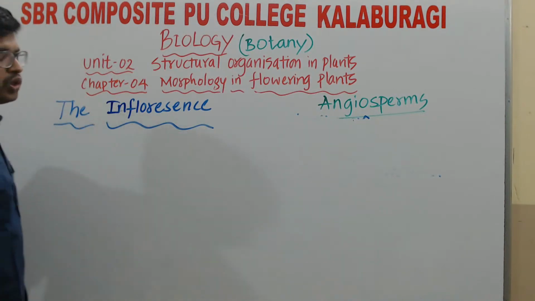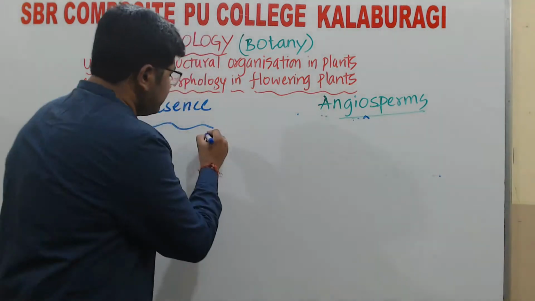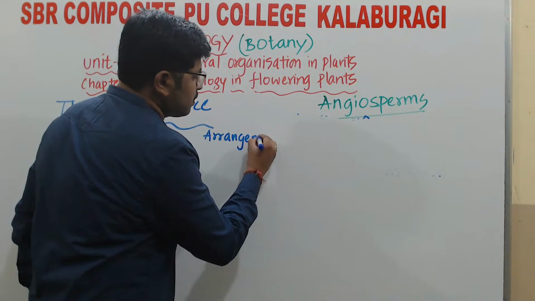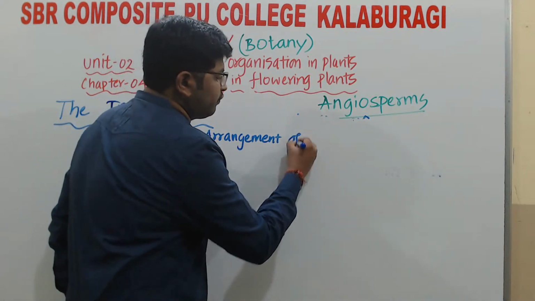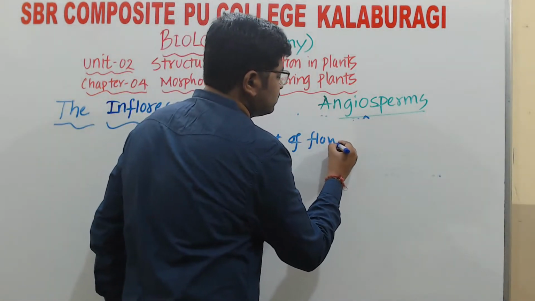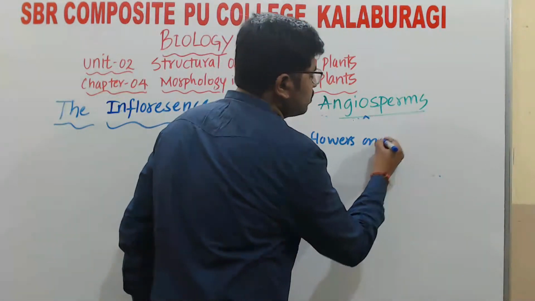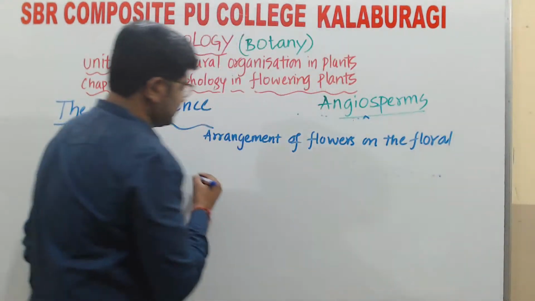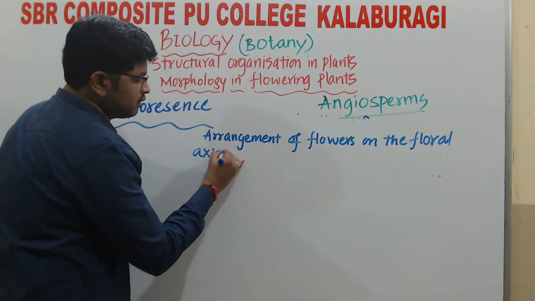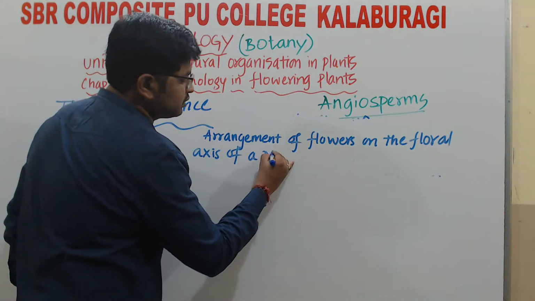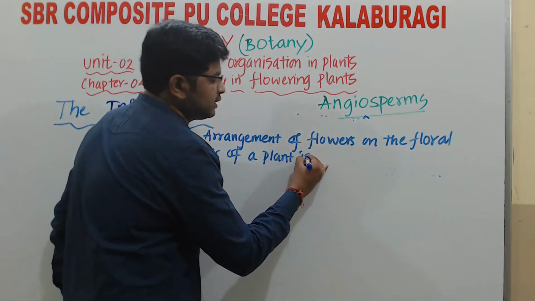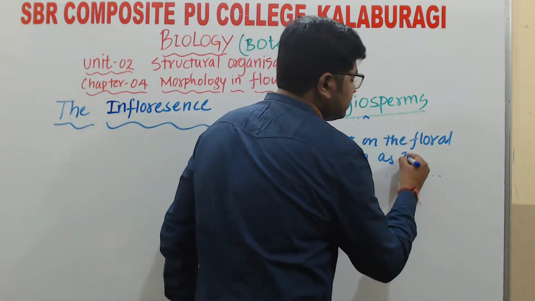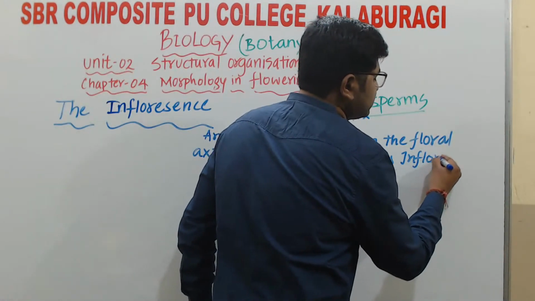The inflorescence. What is the inflorescence? It is the arrangement of flowers on the floral axis of a plant that is known as inflorescence.